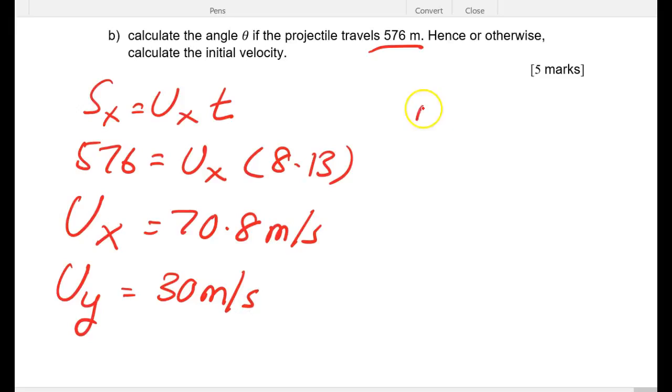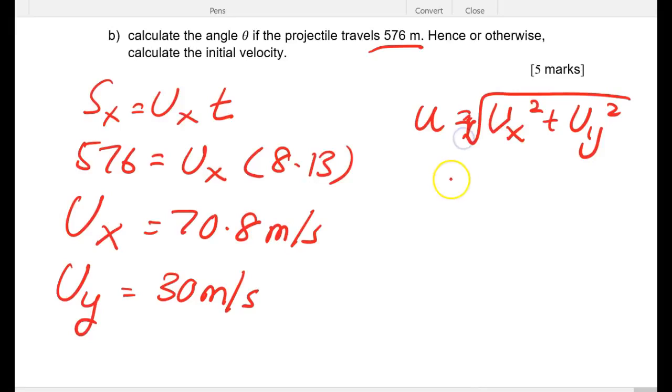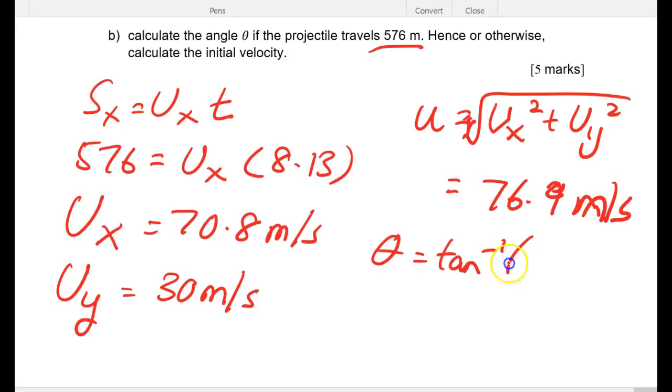So what you can do next, find the U by combining them using Pythagoras theorem. Okay, I leave it to you to do it. It is about 76.9 meters per second. That's the final answer. How about the angle? Just use the inverse tangent of Uy over Ux.